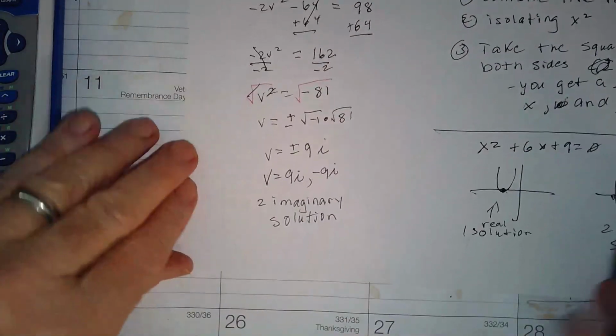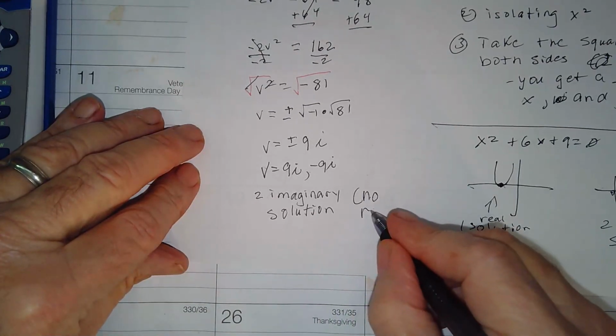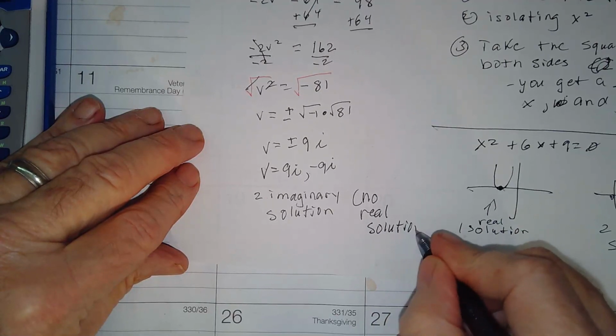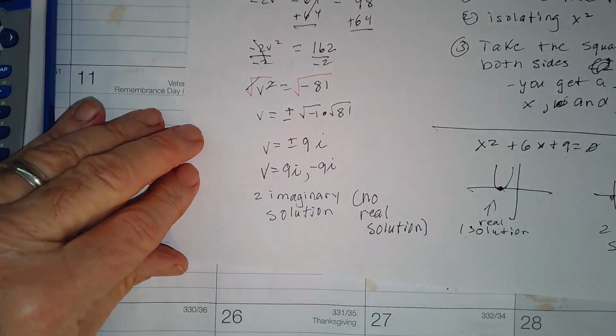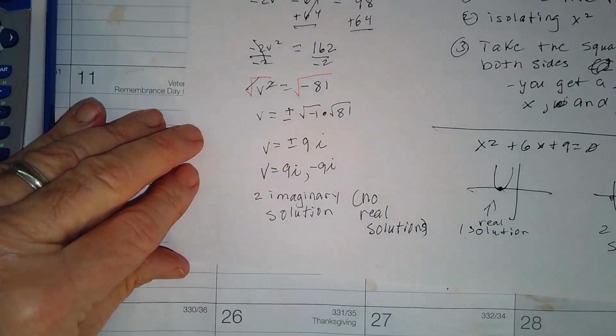Or we can have two imaginary solutions, which are also no real solutions, because you can either have imaginary or you can have real, but you can't have them both. So no real solutions. These are the three choices that you have.